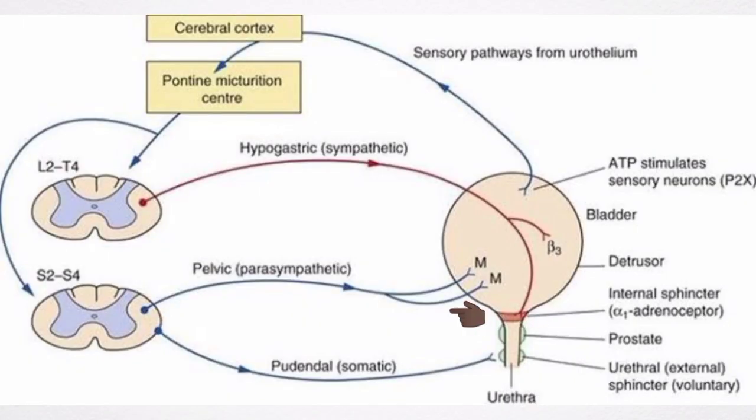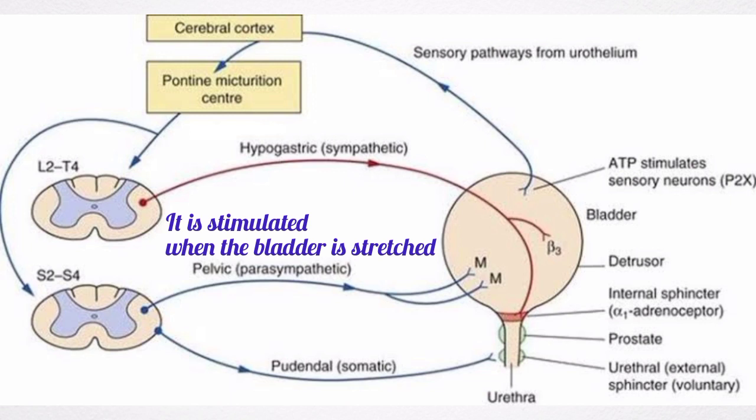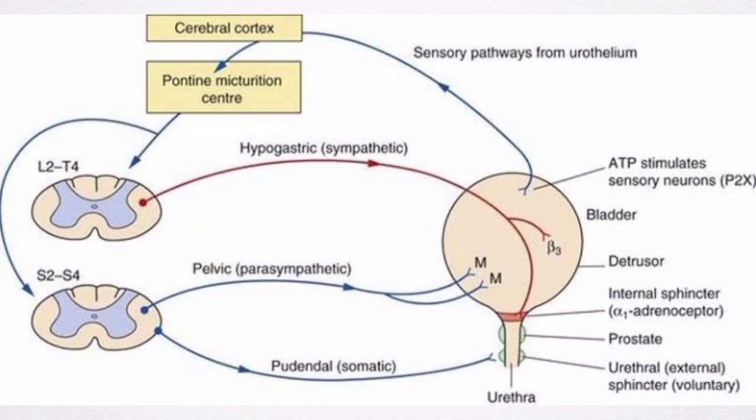Also, there is a fourth neuron, which is an afferent nerve. It is a sensory nerve fiber that comes from the detrusor muscle and is stimulated when the bladder is stretched. When the bladder is empty, the walls are not stretched. So the sensory pelvic neurons will send slow impulses to the sacral region of the spinal cord.